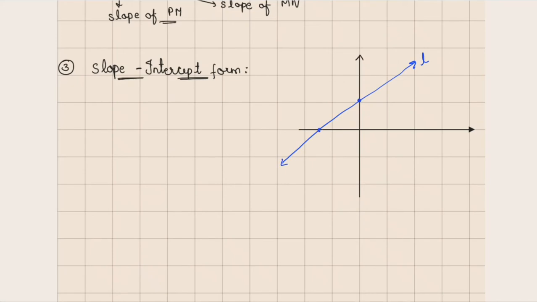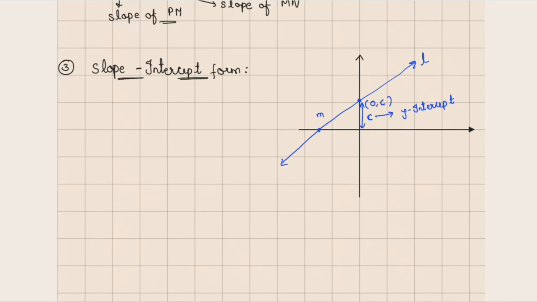It must intersect because it is a non-horizontal and non-vertical line. Let's say this point is 0 comma c. This length is c. This is called y-intercept. So let's say we know the y-intercept and the slope of a line, which is m.